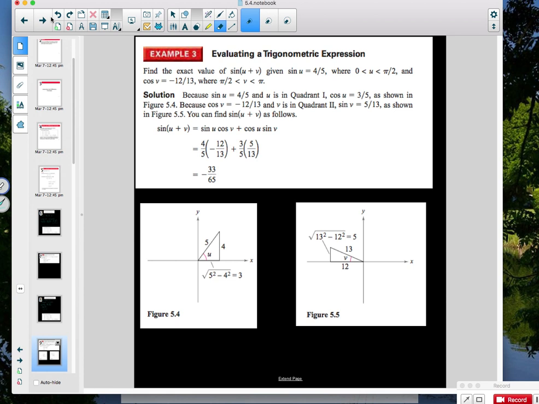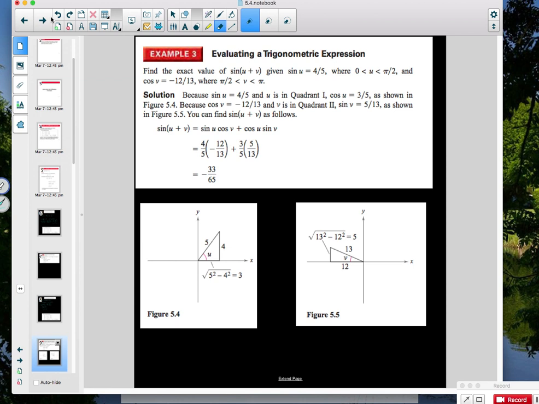So that means that I need to be able to find, I have sine u, so I need to be able to find cosine u. So from here you get that cosine u is, what is cosine u in this situation?